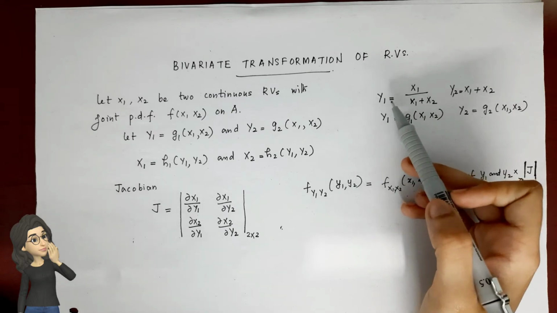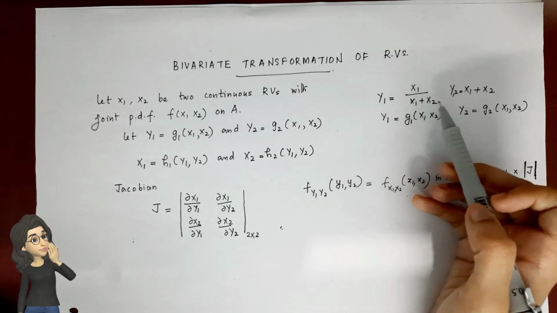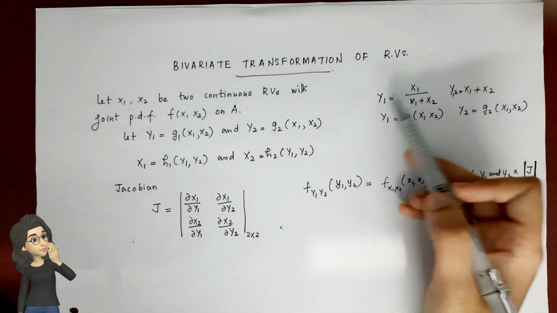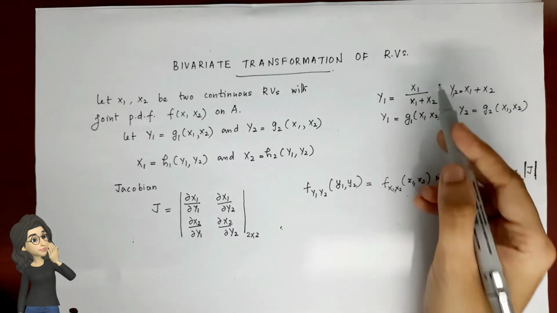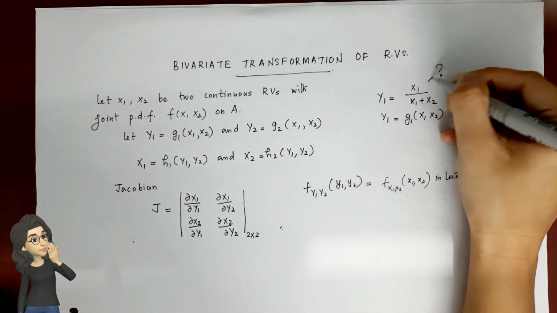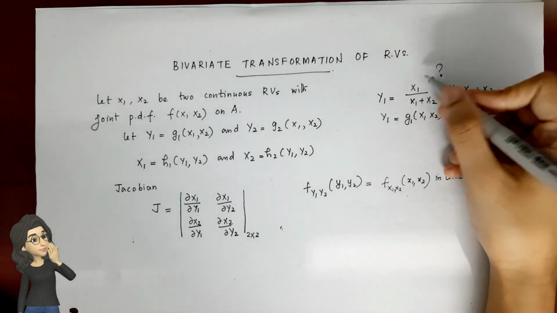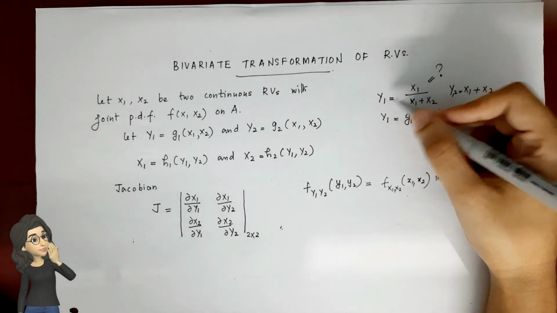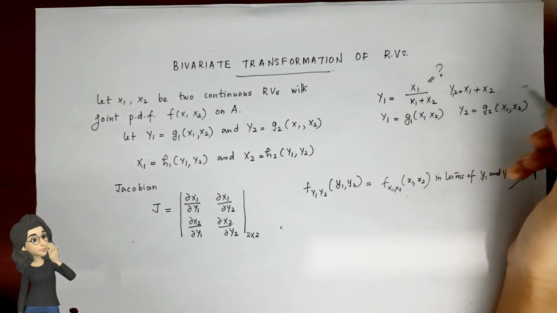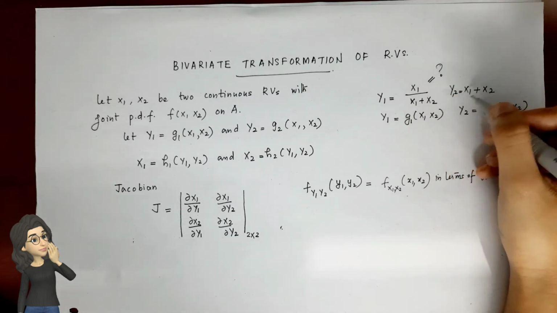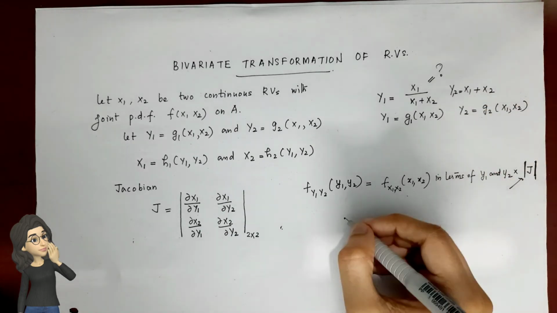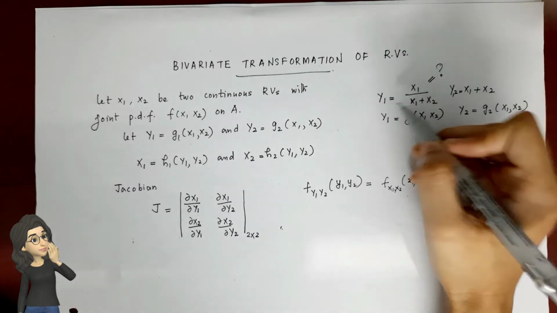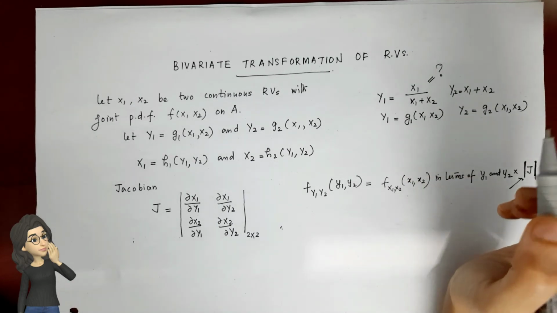We are required to find the transformation y1 is equal to x1 divided by x1 plus x2. The question may be, what is the distribution of this? In order to find it, I had taken y1 to be x1 divided by x1 plus x2 and y2 to be x1 plus x2. This is my choice of y2. Now I can find x1 and x2 in terms of y1 and y2.